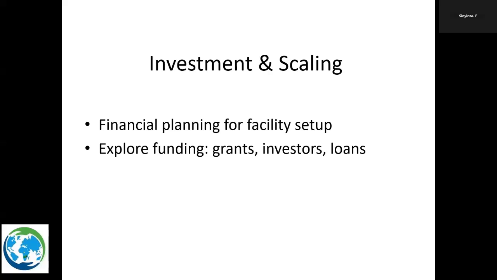Now, installation of equipment, of course, comes with its own challenges. You have to plan in such a way that you have enough money to purchase the equipment. Secondly, you've got to have enough money to install the equipment. After installation, you have to fly in the engineers that have to come and commission.